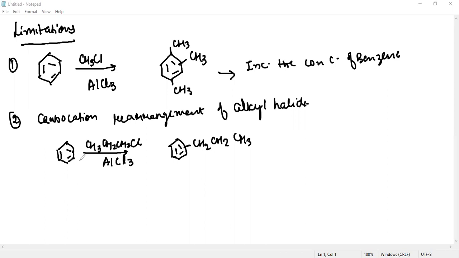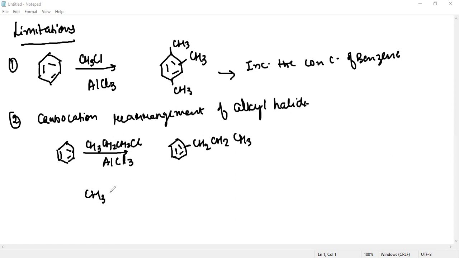So what we have in front of us is this benzene ring, and it reacts with this reagent CH3CH2CH2Cl and AlCl3. But what we noticed in the mechanism of the previous reaction is that we do get the carbocation from this one.